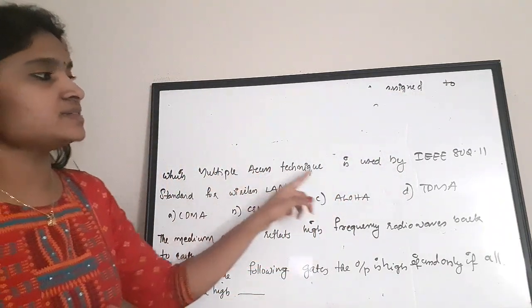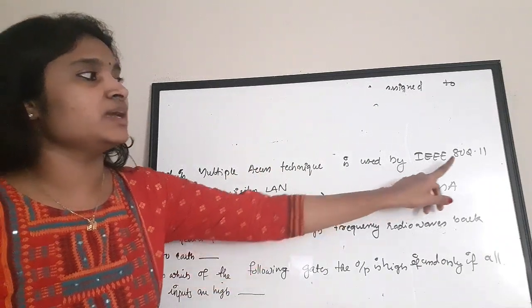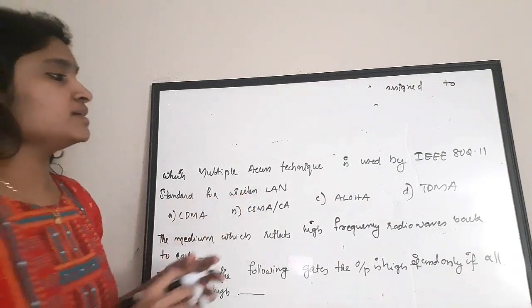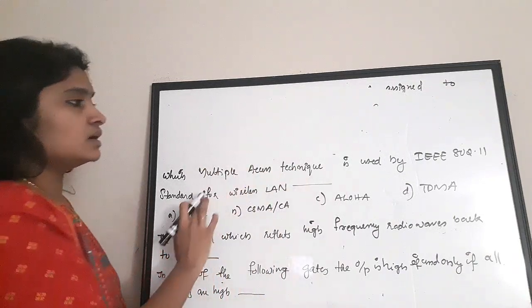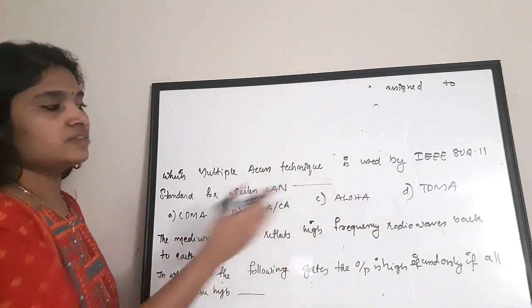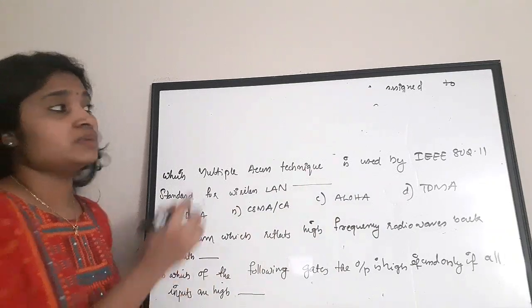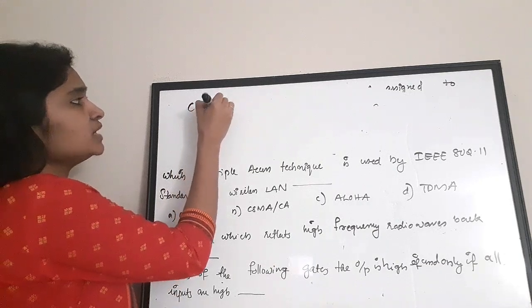Which multiple access technique is used by the IEEE 802.11 standard for wireless LAN? There are various multiple access techniques given in the options. We'll see them one by one. First one is CDMA, code division multiple access.